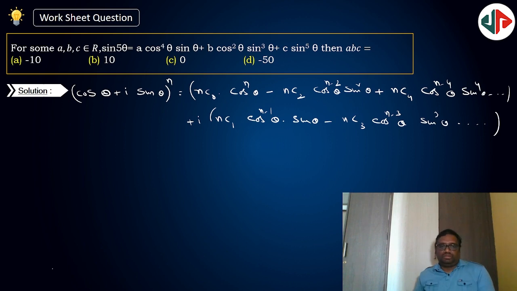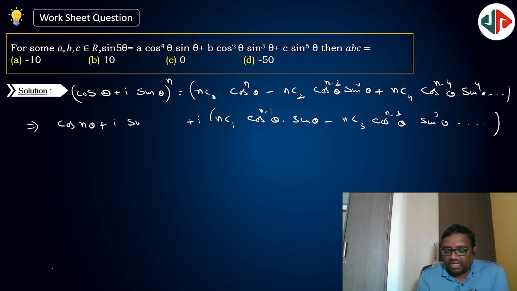If we expand cos theta plus i sin theta whole power n, we get it like this. So by using De Moivre's theorem, cos theta plus i times sin theta whole power n, we can read it as cos n theta plus i times sin n theta.